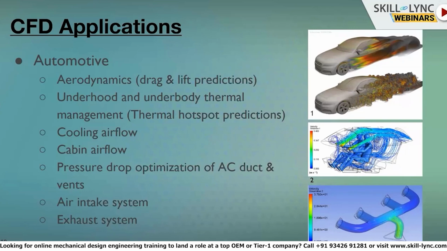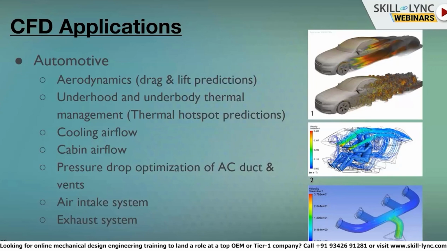Then you have hot parts placed in the underhood and underbody, like the exhaust system, manifold, and engine, and all the neighboring components have a risk of catching fire at certain vehicle operating conditions. So you need to simulate it. You need to find the maximum temperature each component experiences in the vehicle. If it is going beyond its design temperature, you need to work on how to protect it.